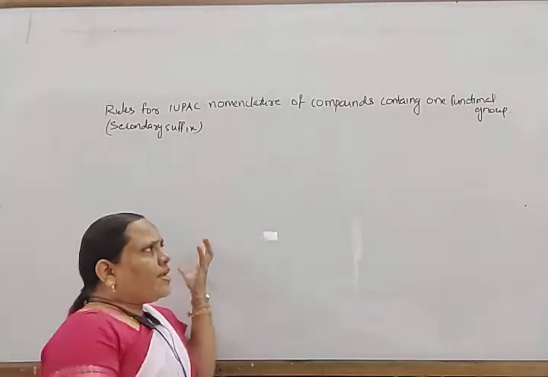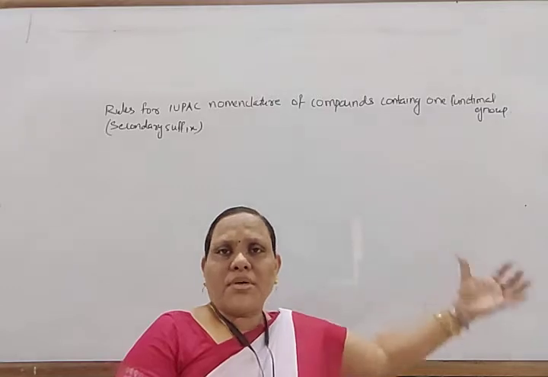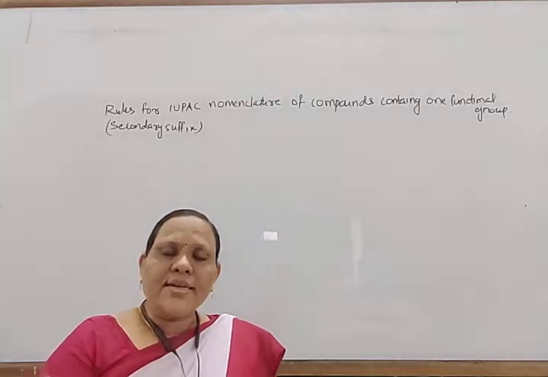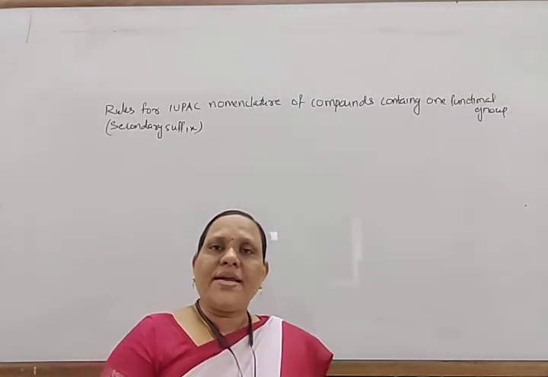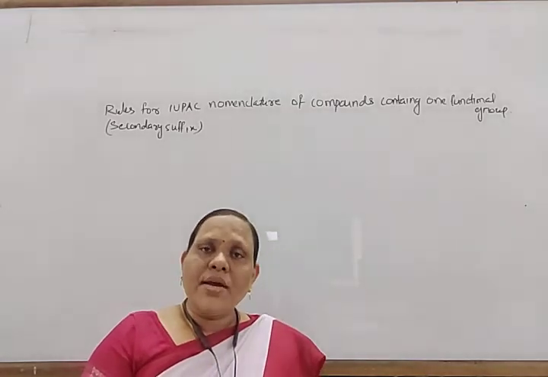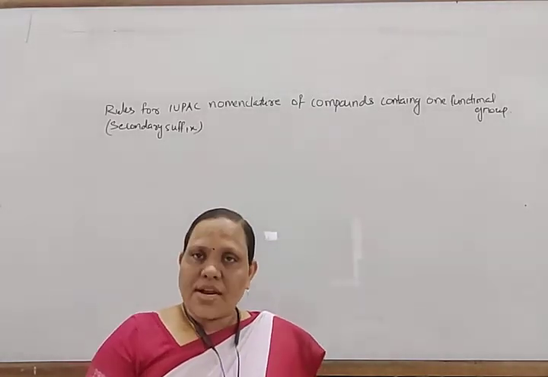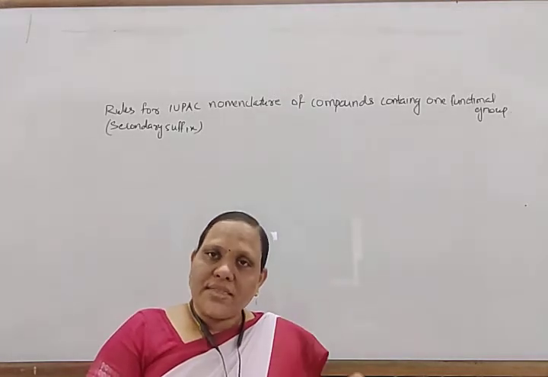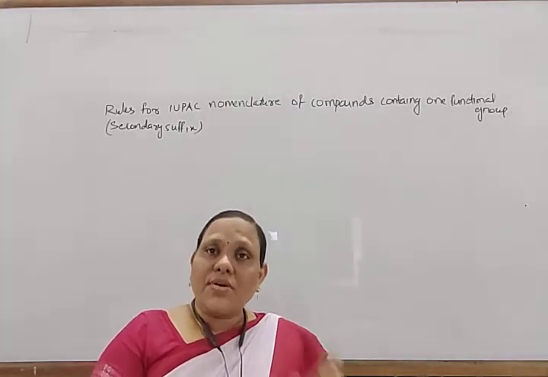If any compound contains one functional group, then select the long chain or the parent chain containing that functional group. It may or may not be the longest chain, but that is the main chain or parent chain which contains the functional group.